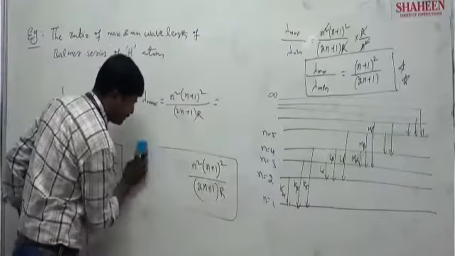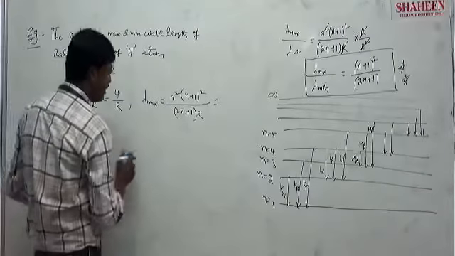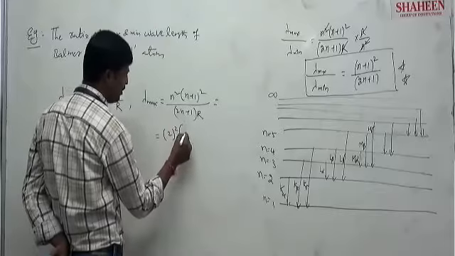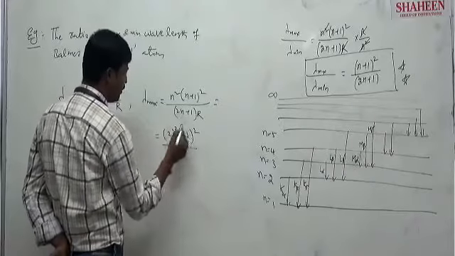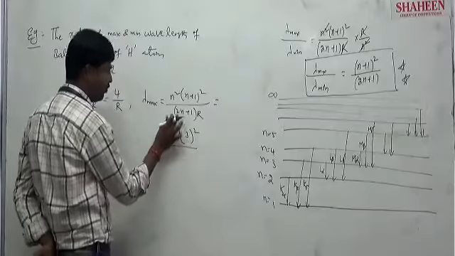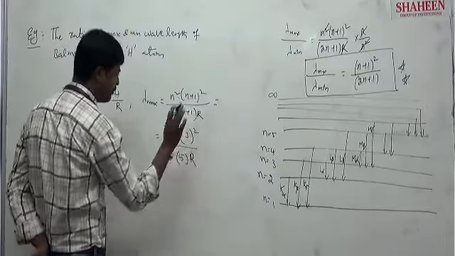Right? So this can be written as n square is 2 square, 2 plus 1 is 3 square, by 2n plus 1, 2 into 2 plus 1, 5. N is equal to 2, I substituted in that.